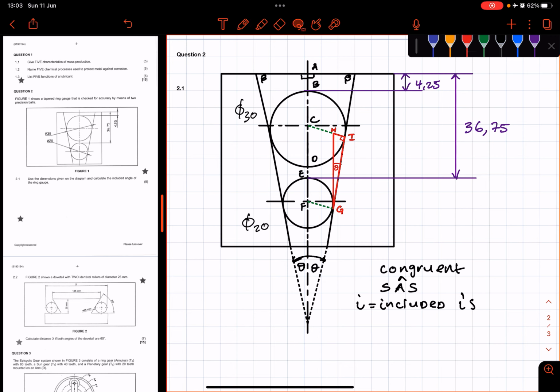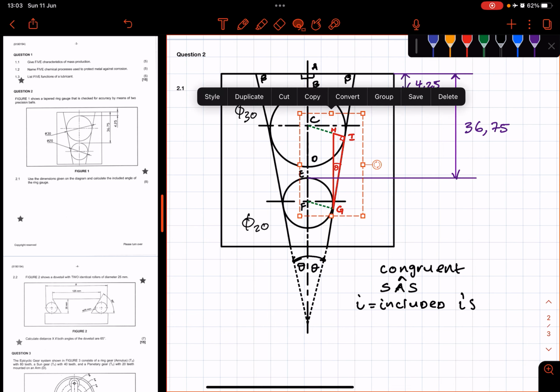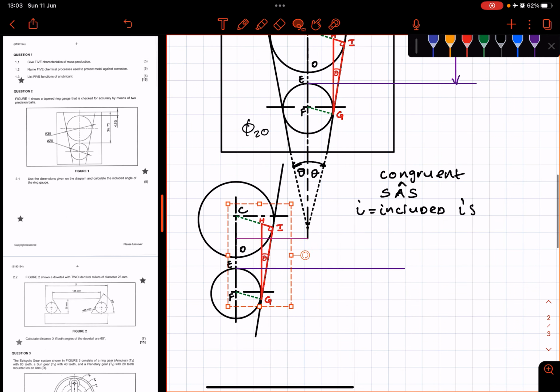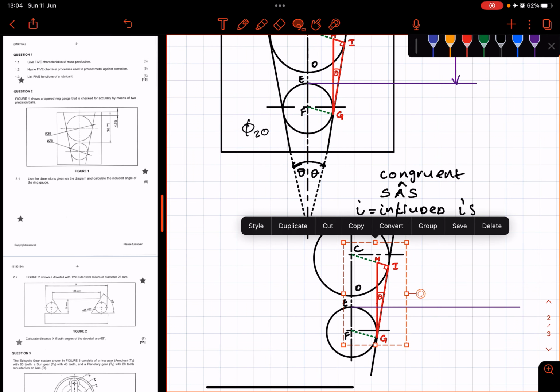Now another diagram that you get once you've drawn the line from the one radius going straight up, this is what we get. So what do we get? We get a parallelogram.